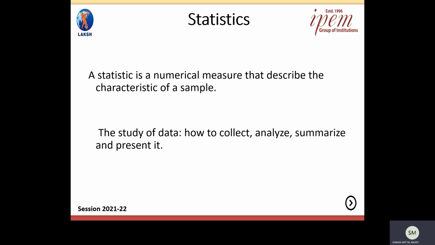So basically, statistics is the study of data: how to collect, analyze, summarize and present it.